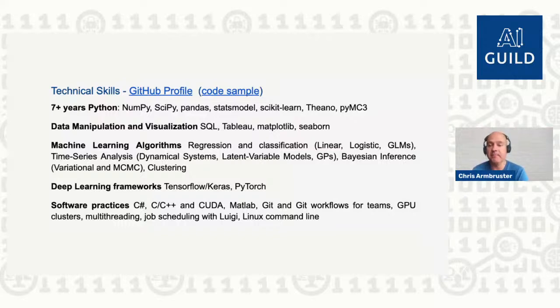professionally speaking. And then here we continue with machine learning algorithms, deep learning frameworks, and software practices. So particularly also the software practices at the end, I would like to draw your attention to. So we have here a technical skills profile that includes elements of software engineering, or highlights software engineering capabilities.